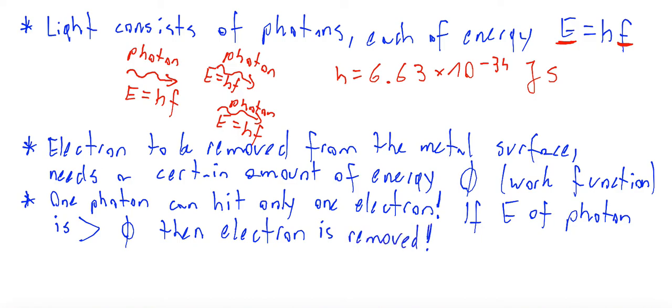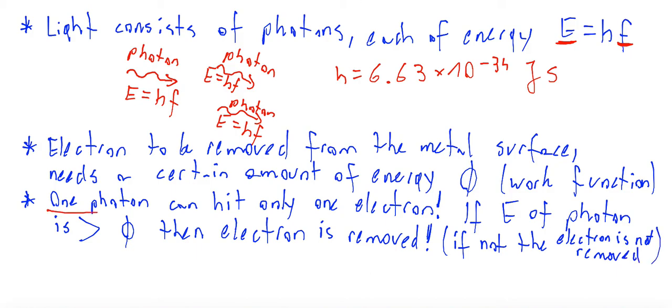If not, of course, if it's smaller, then the electron is not removed. Important here is the one-to-one interaction. One photon, one electron. There is no addition of energy. If the energy of the photon is bigger, then the electron is removed. If it's smaller, then the electron is not removed.